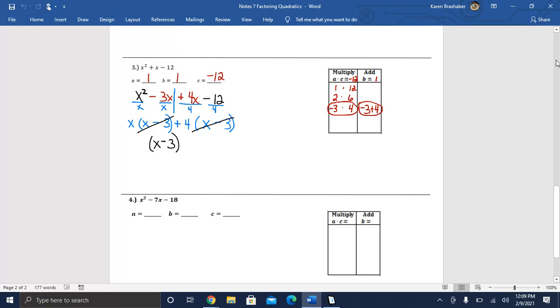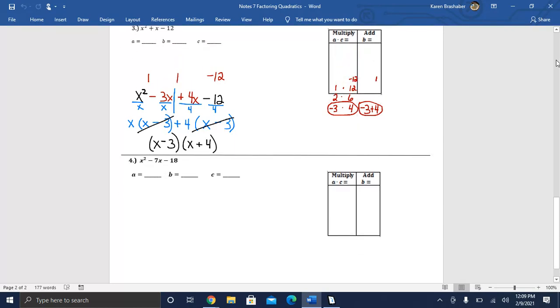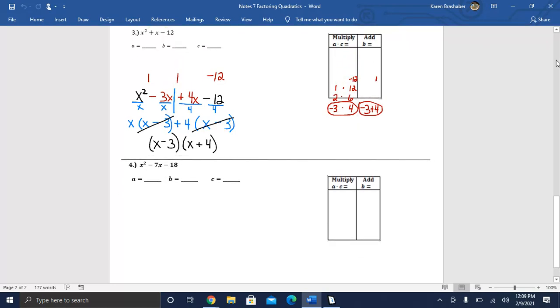Our other parentheses is the x plus the 4. And so we have that multiplication where you had a negative and we wanted to use our positive number as the bigger one.